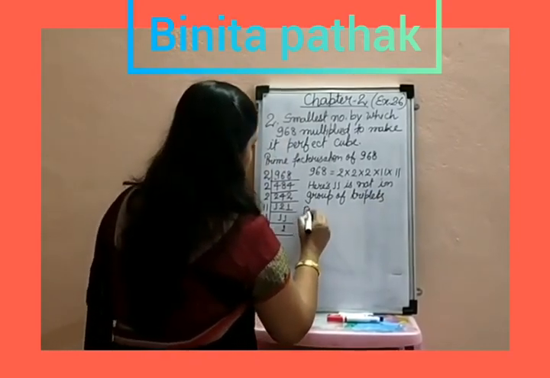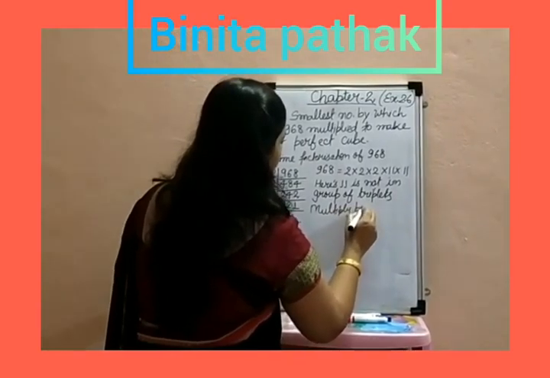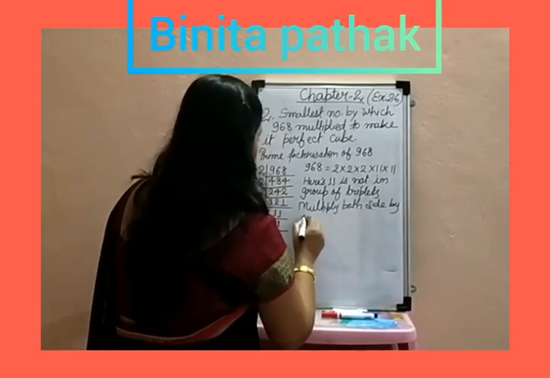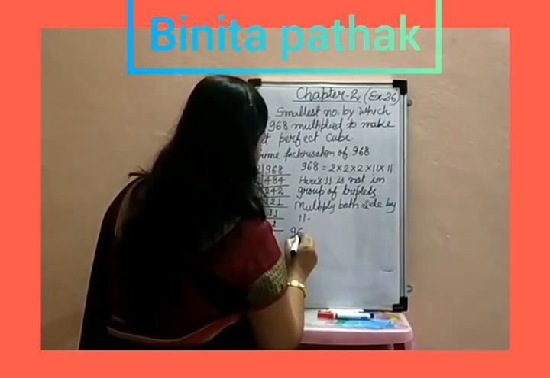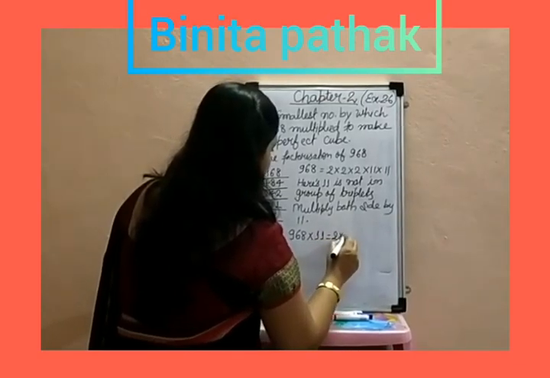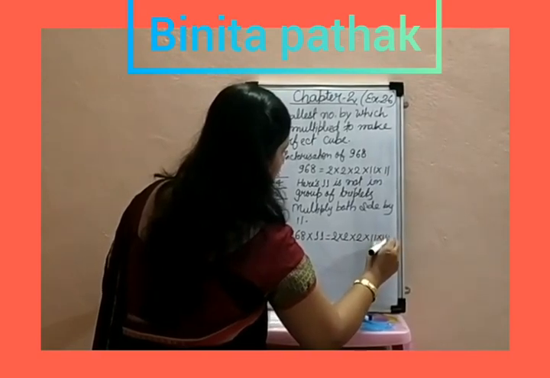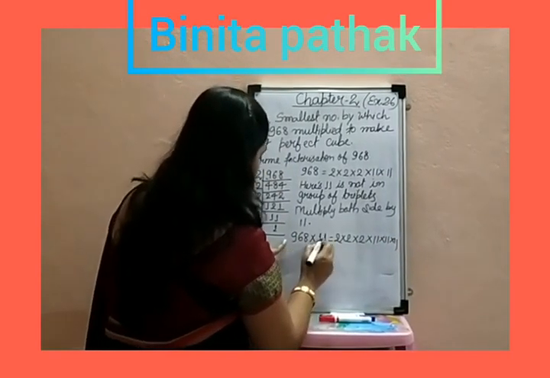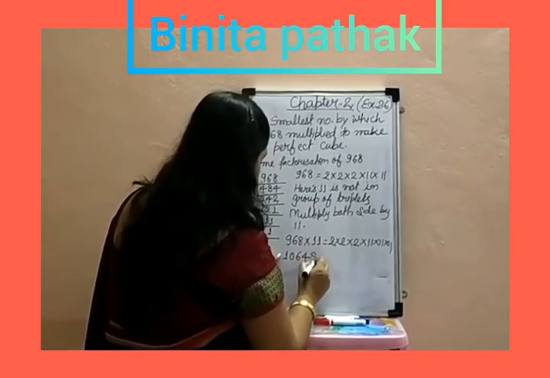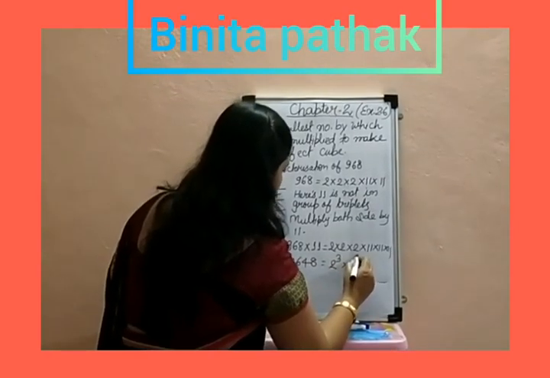So multiply both sides by 11. 968 multiplied by 11 gives 2 cubed and 11 cubed. When we multiply, the number will be 10648.